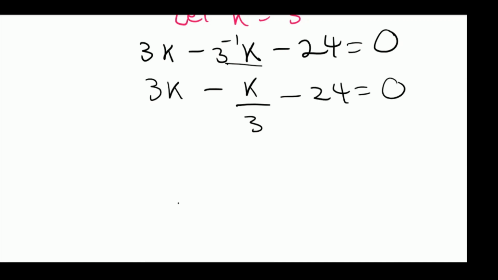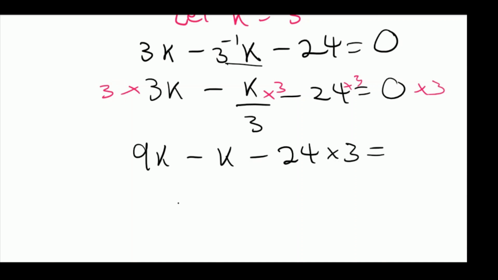Then we multiply out the 3, and we'll have 9k minus k minus 24 times 3 equals 0. So 9k minus k gives you 8k minus 72 equals 0.